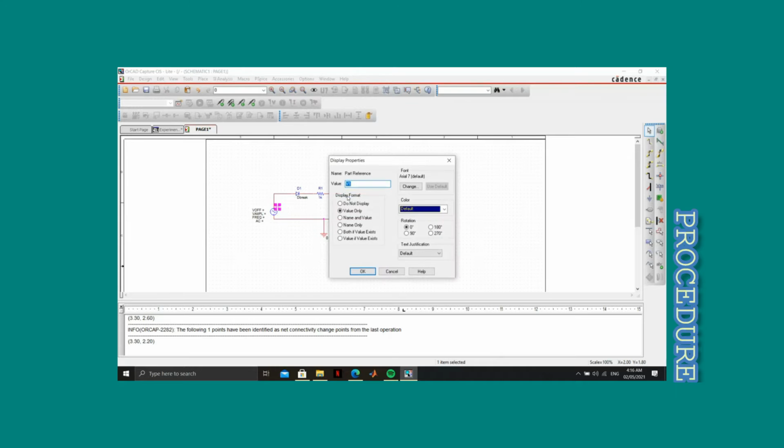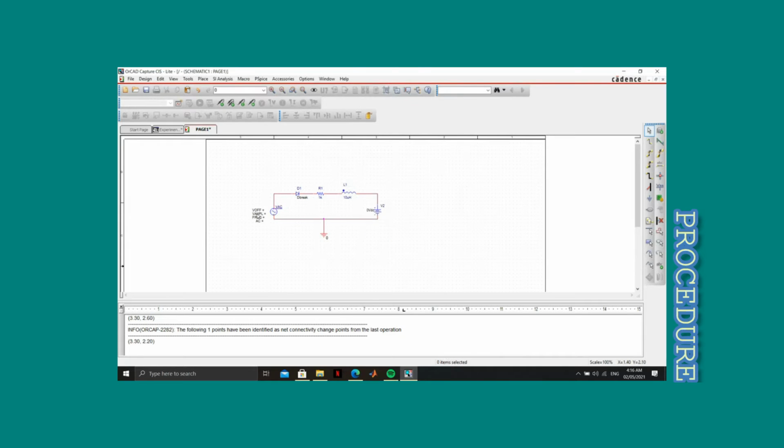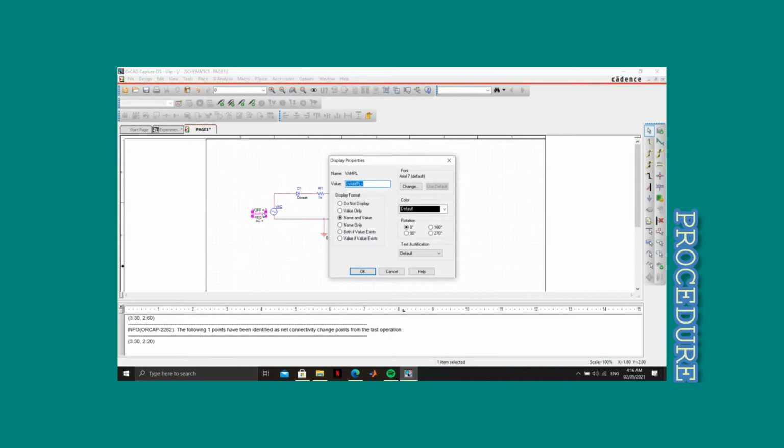Then edit your components. For the sinusoidal voltage source, it is required to use a voltage source with 220 Rms. So we will be using a 311.13 peak voltage.